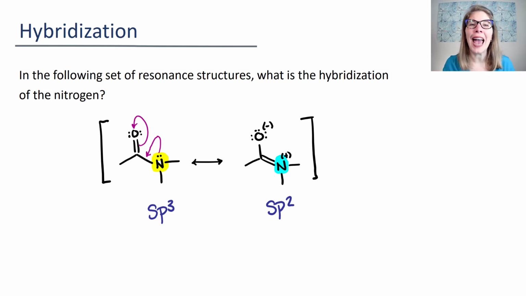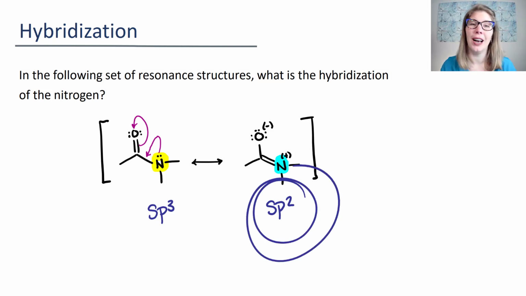And you can only have that sharing when you're in a p system, where one atom has a p orbital and the next atom has a p orbital that's parallel to it, and the next atom has a p orbital that's parallel to it, and they're all sharing through the whole thing. So what is the hybridization of the nitrogen? It is sp2 hybridized.